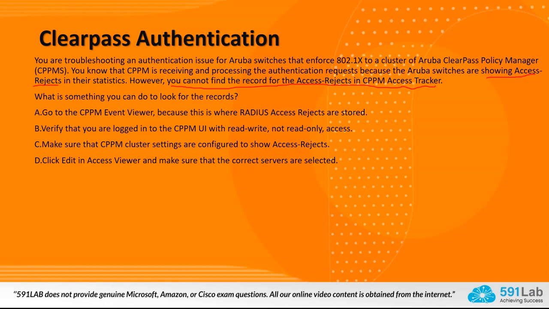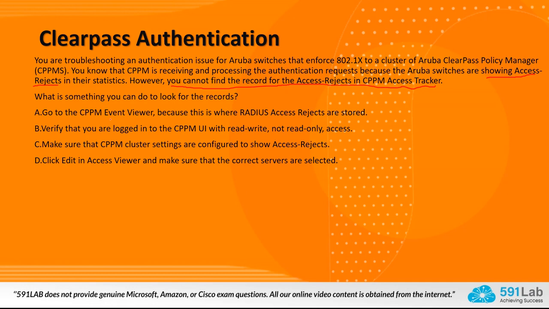The first option is to go to the ClearPass Policy Manager Event Viewer, because this is where RADIUS access rejects are stored. But the question says you cannot find any record of the access rejects in the ClearPass Access Tracker, and the switch statistics show an access reject, so ClearPass did respond and it shows as access reject.